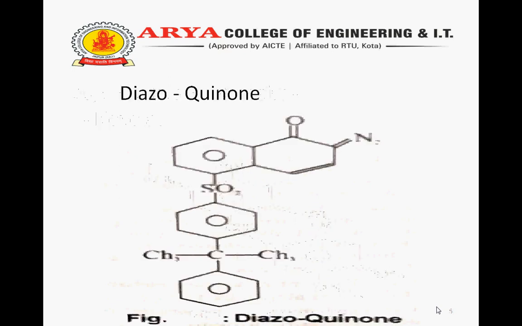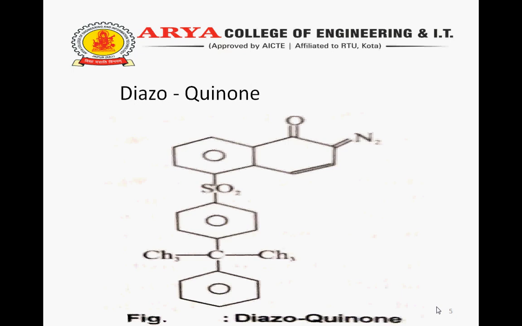Second is diazoquinone. The structure of diazoquinone is shown in the figure. The part of the molecule from SO2 down, which includes the two lower aromatic rings, is specific to the particular resist manufacturer and plays only a secondary role in the exposure process.